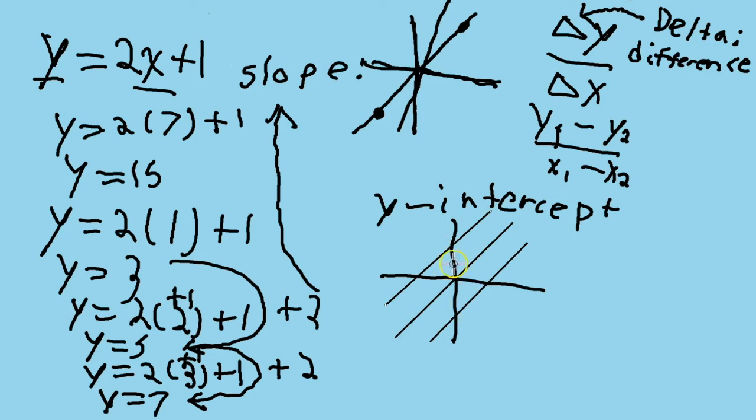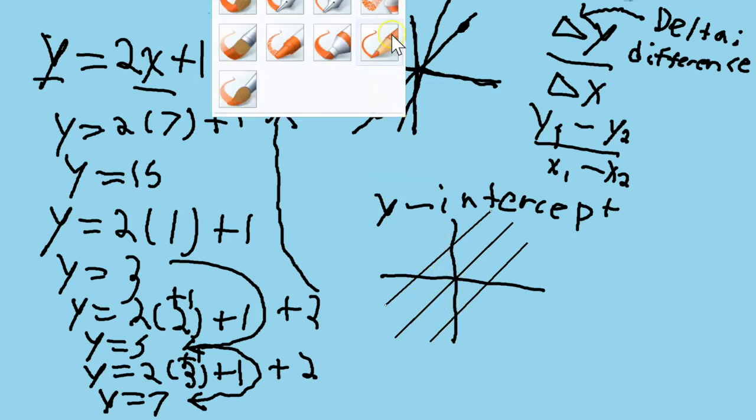The difference between these 3 lines is where they intersect the y-axis. For example, this line intersects the y-axis at a much higher point than both of these lines, just like this line intersects the y-axis at a point much lower than these 2 lines.